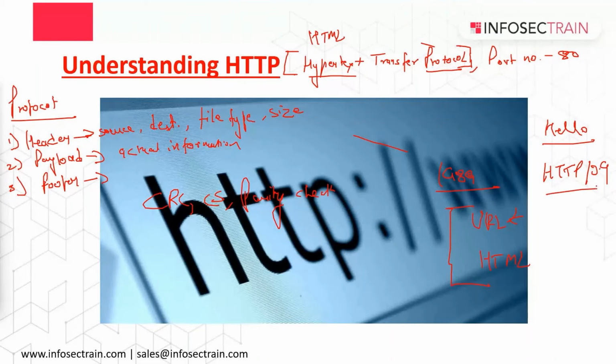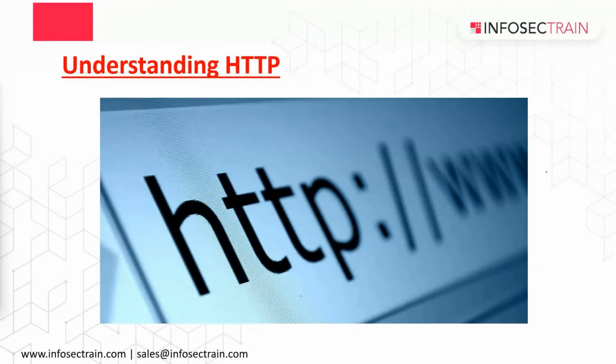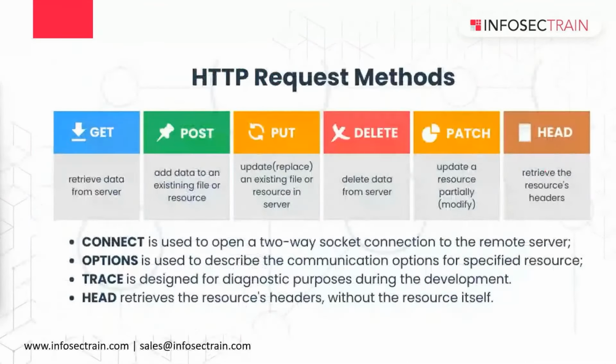Now, after HTTP 0.9, 1.0 came, then 1.1 came, then 2 came, then 3 came, right? So all these changes were made. But what changes? What things happened? Now, for understanding that, we have to know a few more bits about what things were changed.